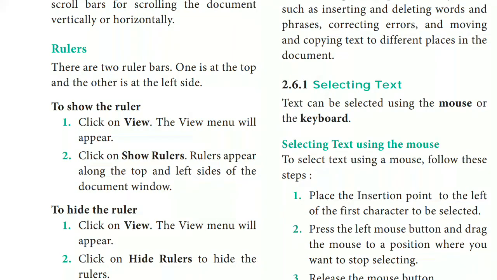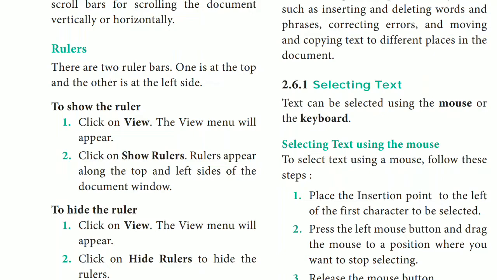If an object has to be placed at the center of the page, you have to measure the center of the page either vertically, horizontally, or even both. So the rulers help you to measure the document so that you can pinpoint the location where you want to place the object.